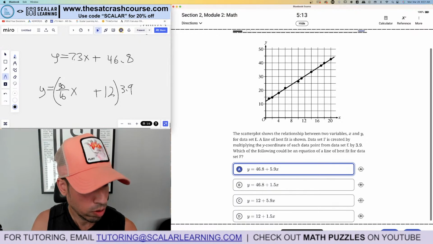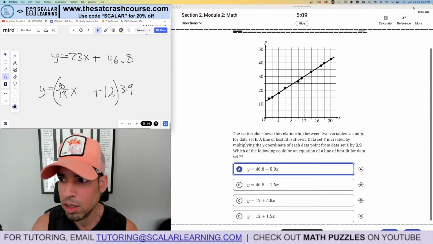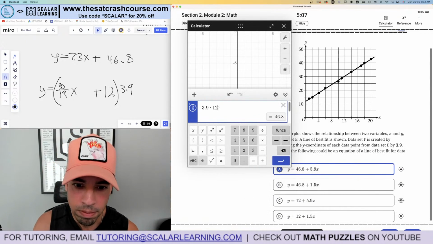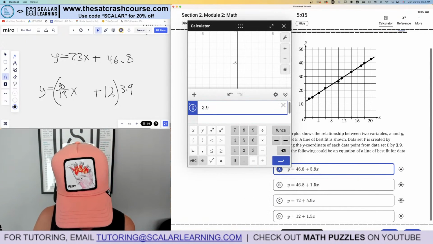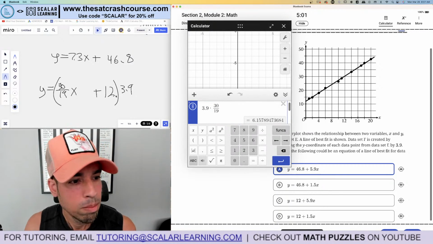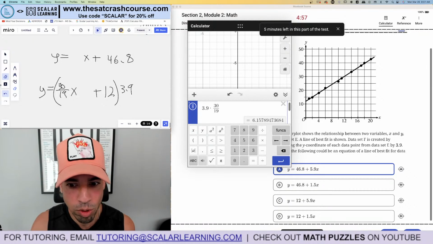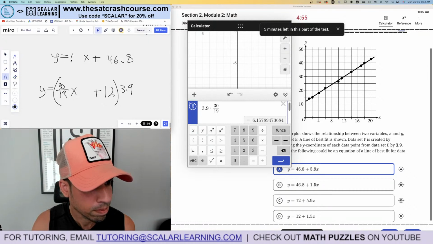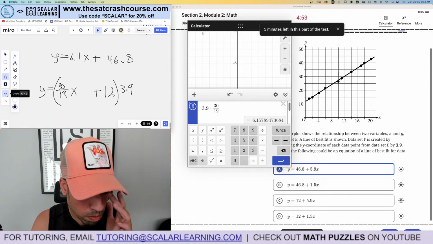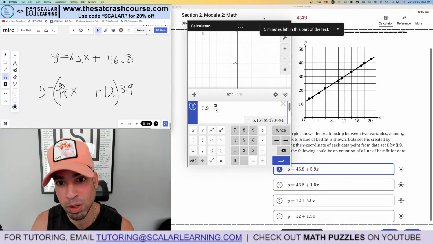Okay, so it should be 30 over 19, not 16. Okay, let's try it again. 30 over 19. Much closer. It's not exact, but we got 6.15. Let's say 6.2. And what was their answer? 5.9. Yeah, I mean, that's pretty darn close.